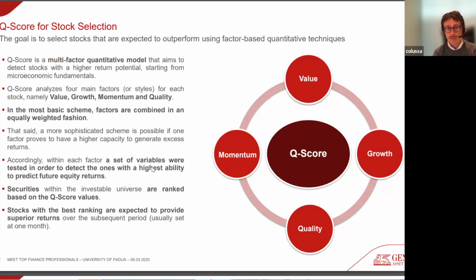What we did here was basically to combine the 4 factors, so value, momentum, growth, quality, detecting and testing different variables in order to see their ability to predict future excess returns.